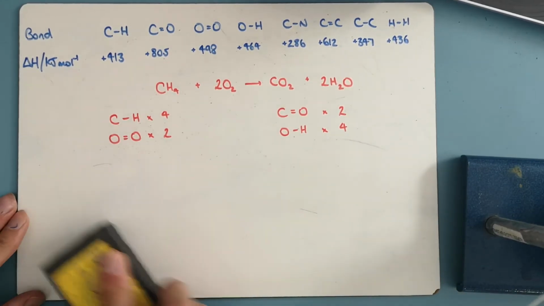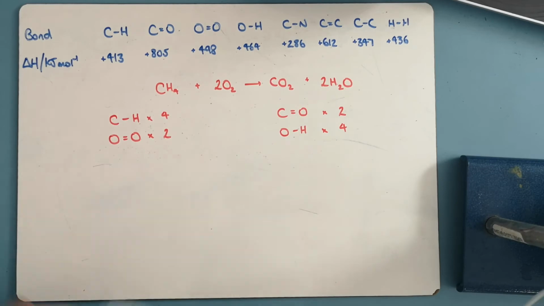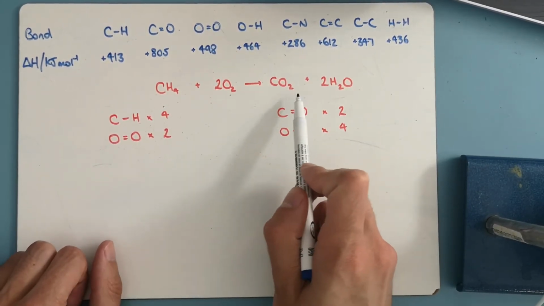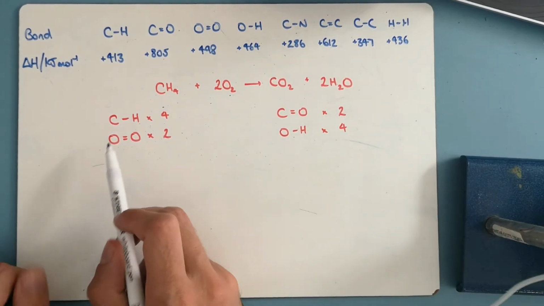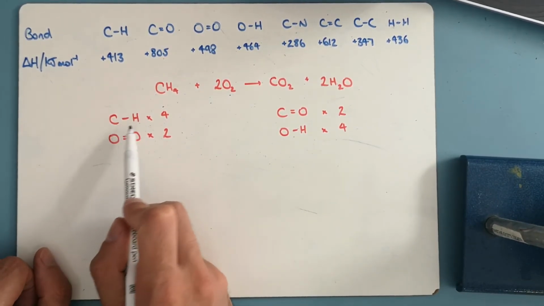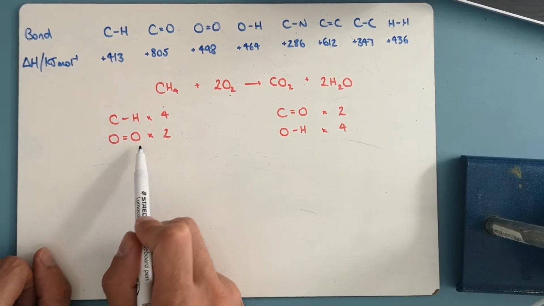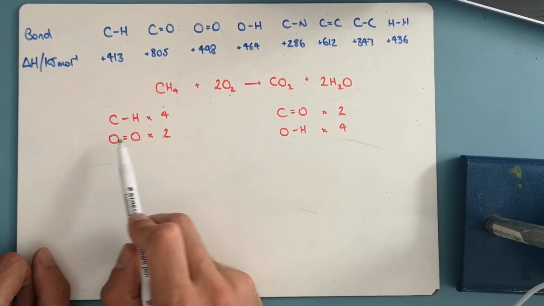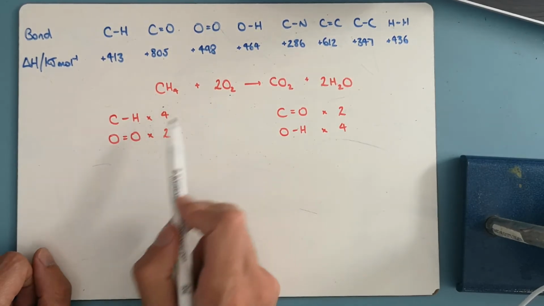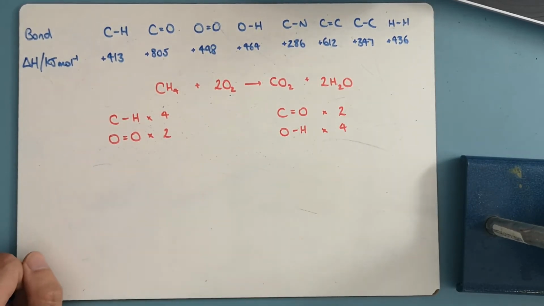So, in this calculation, we've got methane, CH4, plus 2 oxygens going to CO2 plus 2 H2O. And below we've got all the different types of bond. So methane is just 4 C-H bonds. Oxygen, or O2, is O double bonded to another oxygen, and we've got 2 of those. So 2 there, so I'm going to times that by 2.